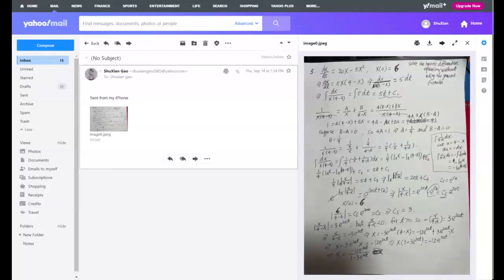So the integral of 1/(4 - x) dx becomes negative ln u, which is negative ln(4 - x). Plugging in, we get 1/4 (ln x minus ln(4 - x)) plus c equals 5t plus c1.